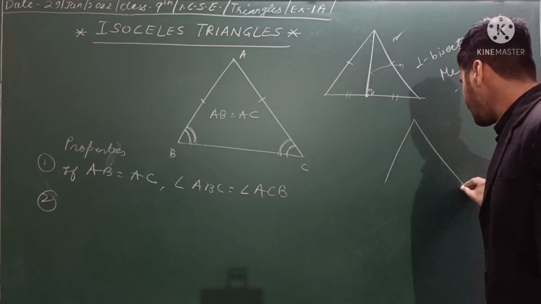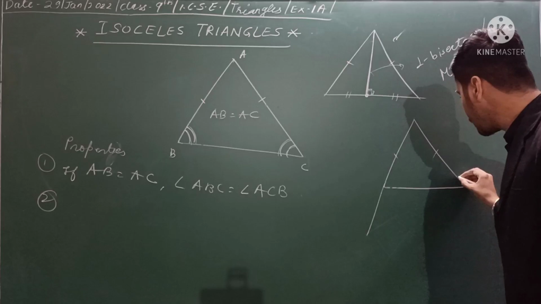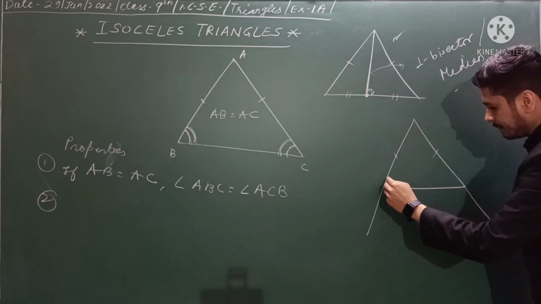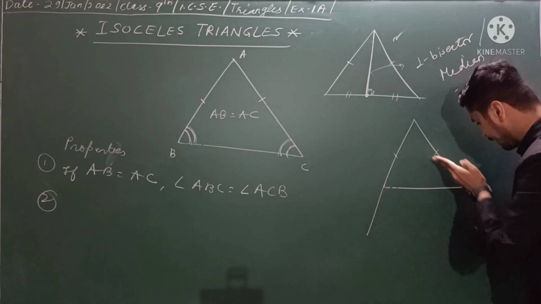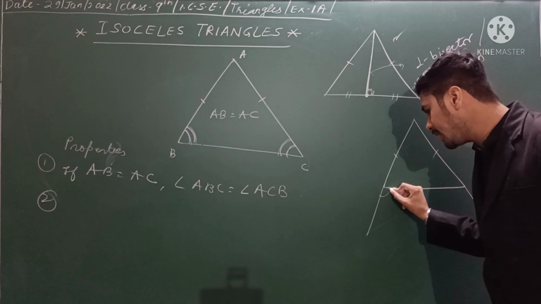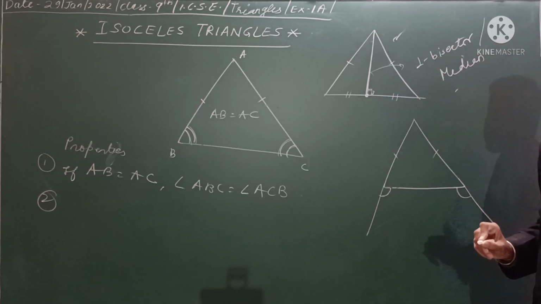One more property is, say this is an isosceles triangle, and I am producing the two equal sides, extending them ahead. The exterior angles made by these two produced lines will also be equal.